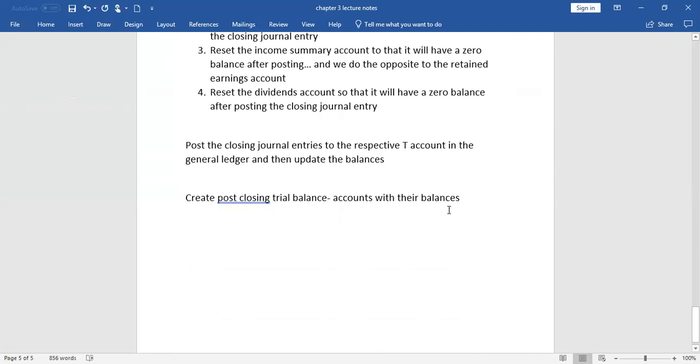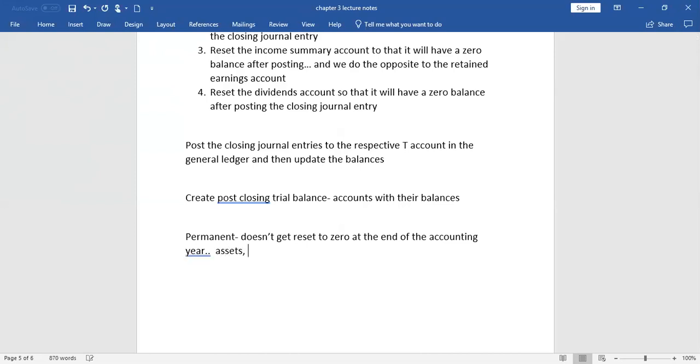But the other word is permanent. And permanent doesn't mean the balance never changes. A permanent account doesn't get reset to 0 at the end of the accounting year. Okay, so you just keep going and going and going.